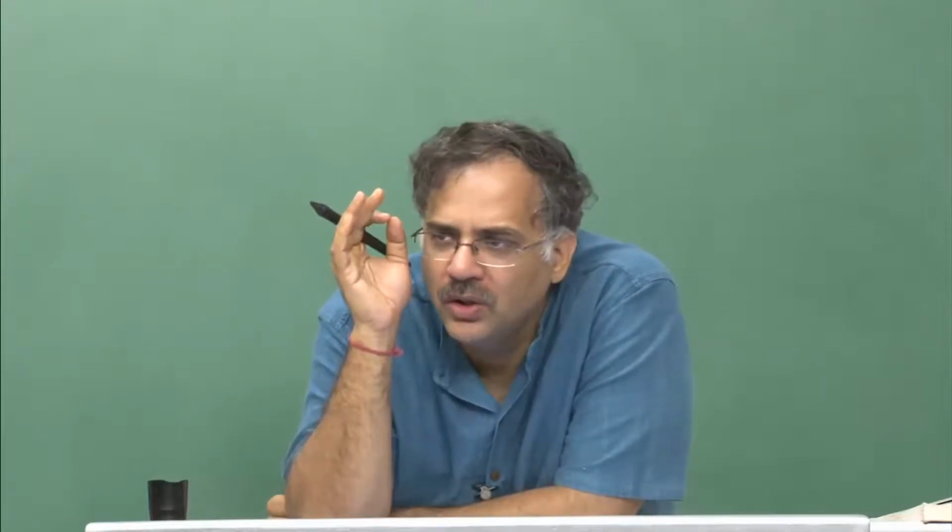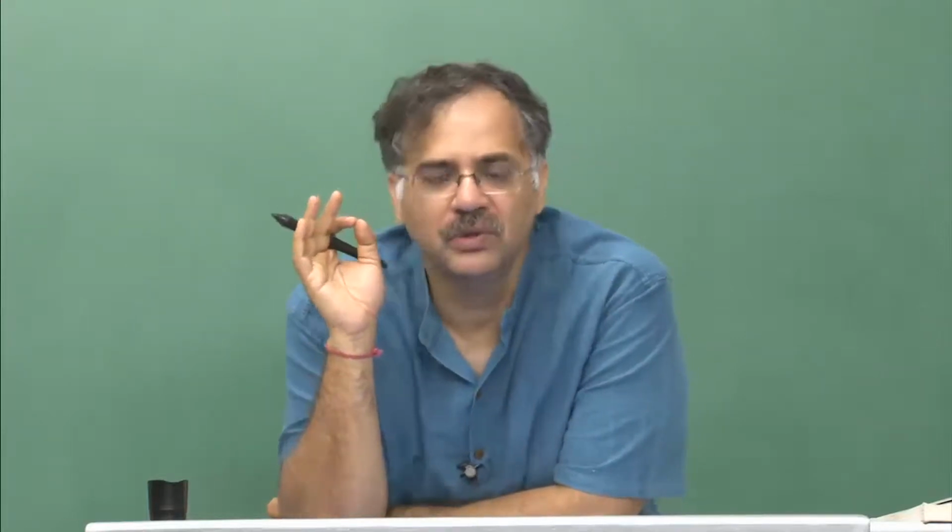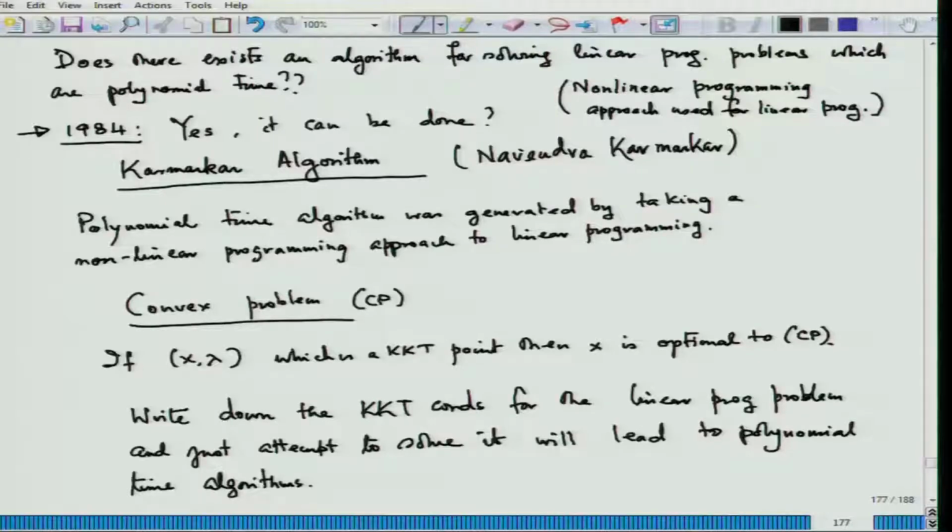The approach that we are going to deal with in this particular lecture comes out of a very simple fact, a fact which we have already studied. We know that the Karush-Kuhn-Tucker conditions for convex optimization problems are not only necessary, but also sufficient. So, if you know that there is a feasible x and there is a Lagrange multiplier lambda which gives you a KKT point, then x is optimal to CP.